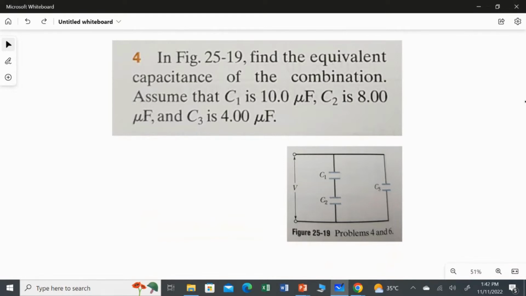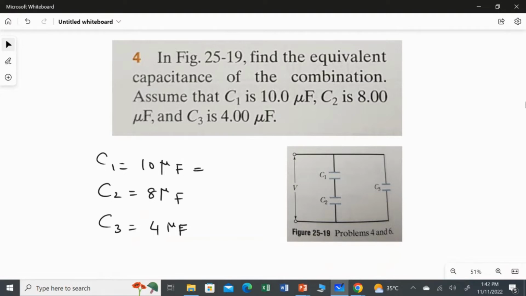In this figure, three capacitors are connected and each capacitor has its own value. So what is the value of the first capacitor? The first capacitor C1 value is 10 microfarad, the second capacitor value is 8 microfarad, and the third capacitor's value is 4 microfarad.